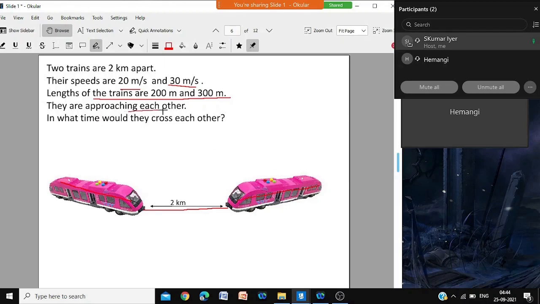They are traveling in opposite direction and approaching each other. So in what time would they cross each other? The question is clear, Betty? Yes, sir.